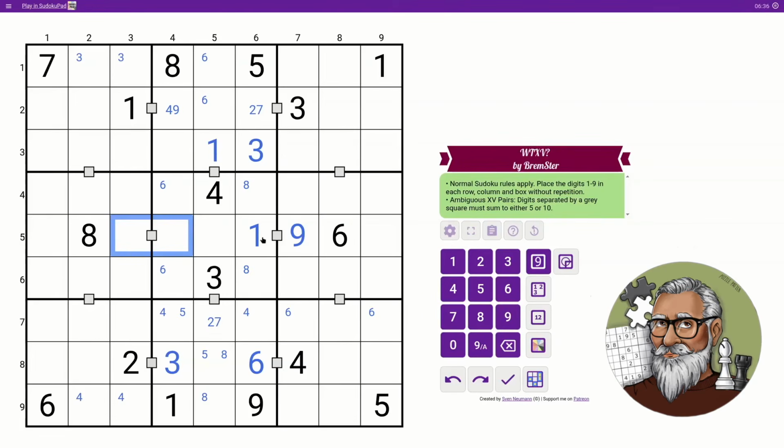Well, it's not 1, 9. It's not 6, 4. It's not 2, 8, but it could be 3, 7, right? If it's adding up to 10, it could be 3, 7. So this would have to be 3 in box 4 and the 7 in box 5, since we can't have 3 here. Right, and if it's adding up to 5, then it can't be 1, 4, since the 1 is gone anyway.